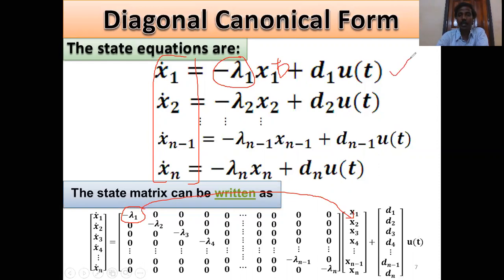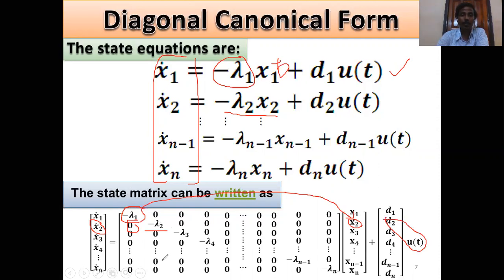So the first equation is satisfied. Then the second equation: x2 dot equals minus lambda 2 into x2, with the x1 coefficient zero, so only minus lambda 2 into x2, plus d2 into u(t).